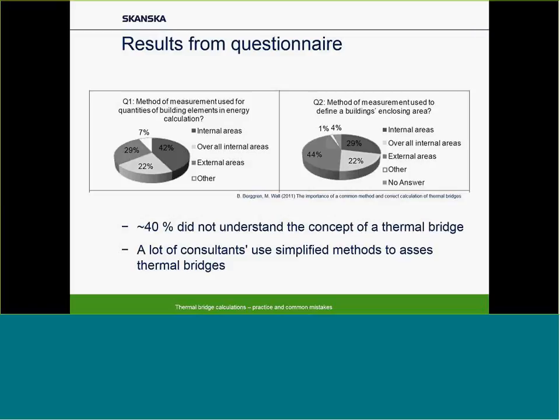So to start with, we asked them, how do you measure a building element if you are going to quantify the transmission losses or do an energy calculation?